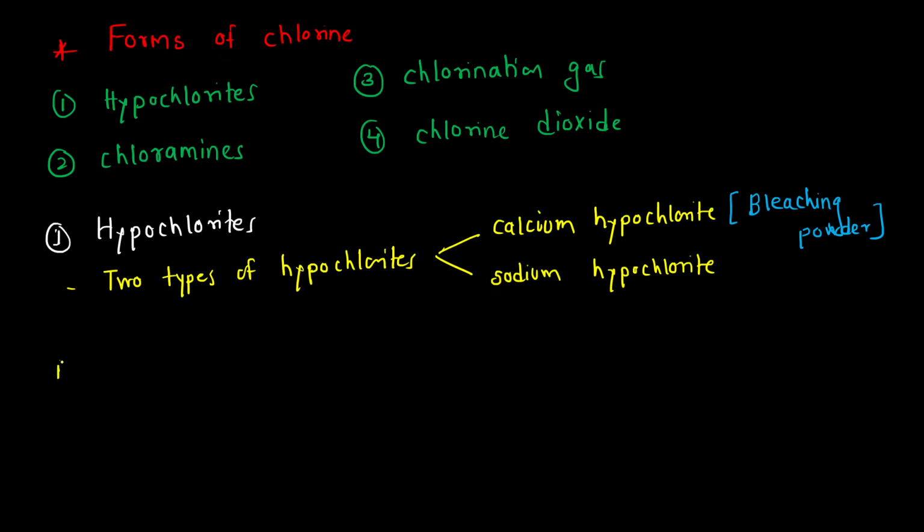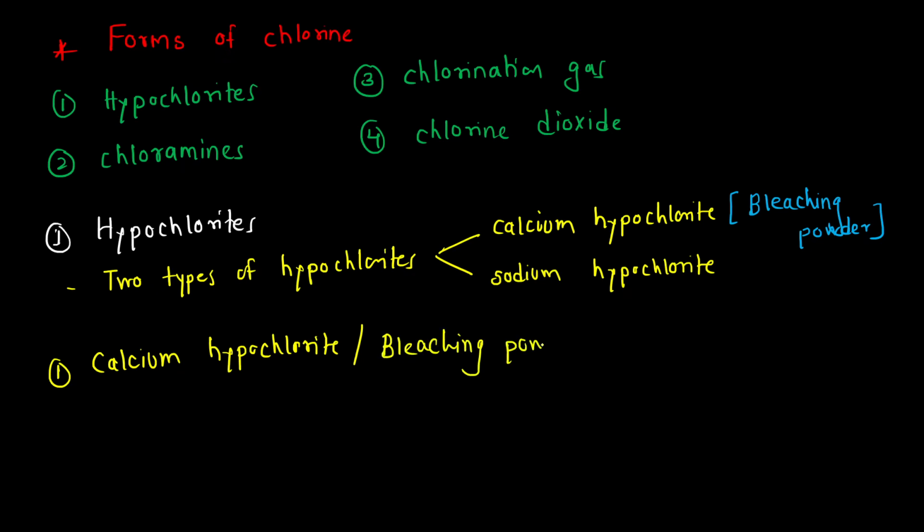Now among these, the first one, that is calcium hypochlorite, or what we call bleaching powder, consists of about 30 to 35 percentage of chlorine.